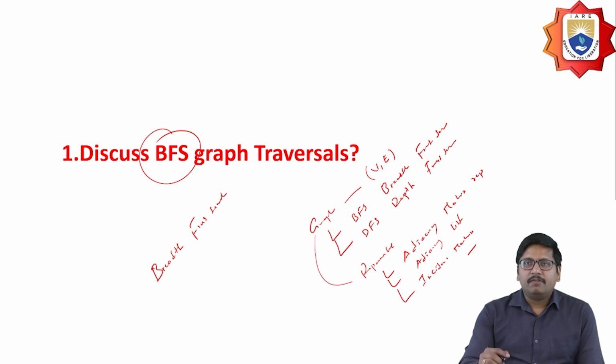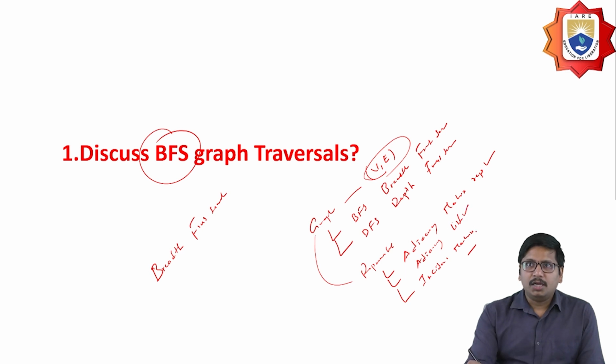So the graph is a collection of vertices and edges, and graphs are represented in three ways: adjacency matrix, adjacency list, and incidence matrix. The graph traversals will be of two types: depth first search and breadth first search.